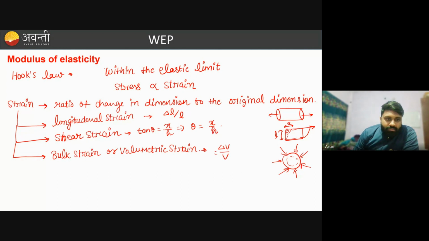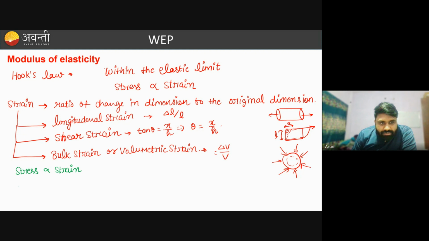Okay, now to remove this proportionality sign, I will change the color here. Stress is directly proportional to strain. Now to remove this proportionality sign, we have to consider a constant.